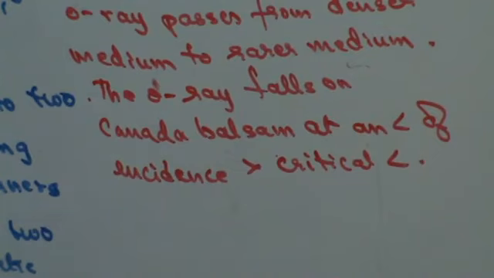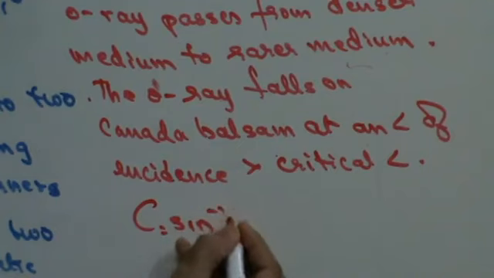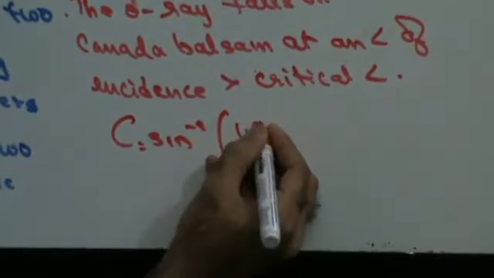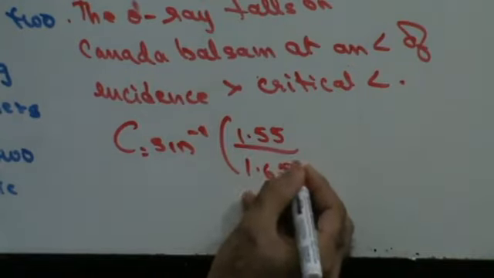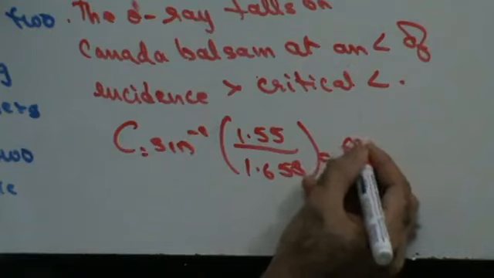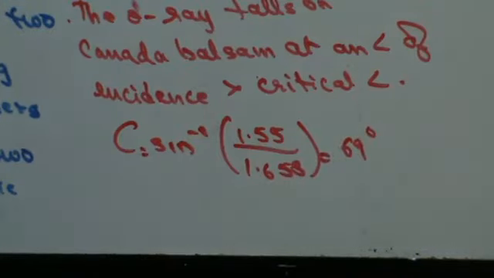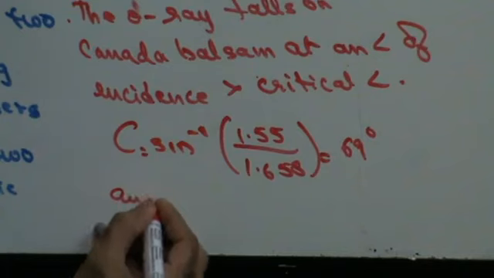What will be the critical angle for the ordinary ray? Critical angle is going to be nothing but sine inverse of 1.55 upon 1.658. That means it has to be 69 degrees. So I have to make sure that my angle of incidence is greater than 69 degrees, right?